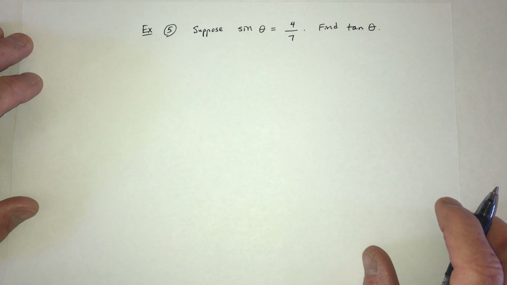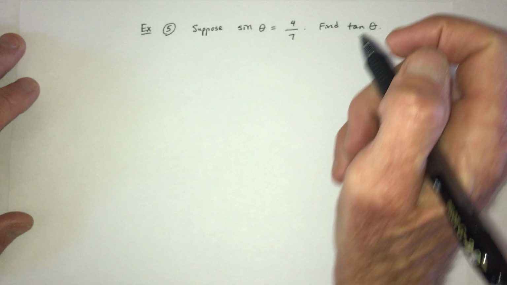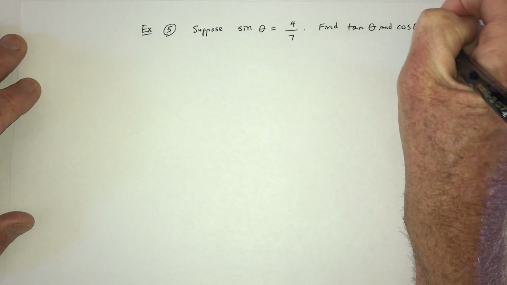Sine of theta is equal to 4 over 7. Then find tangent of theta and cosine of theta.